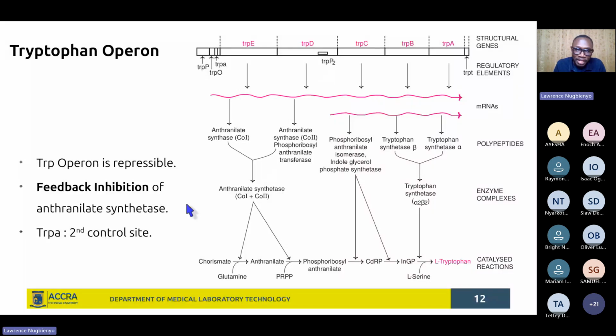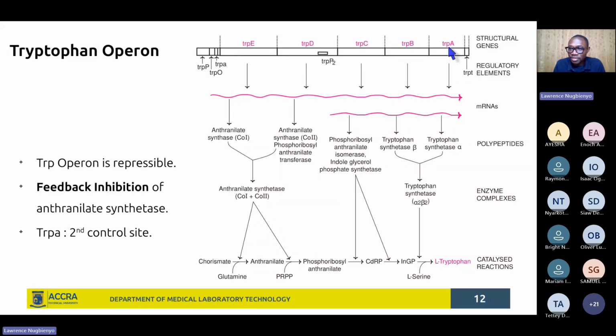All right, now let's start from the beginning. The top is the operon. So that's the structure of the gene. And we have different fragments coding for different proteins.